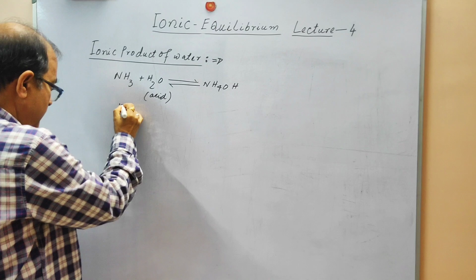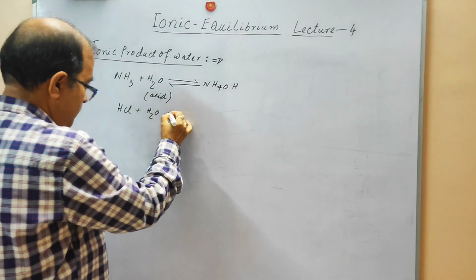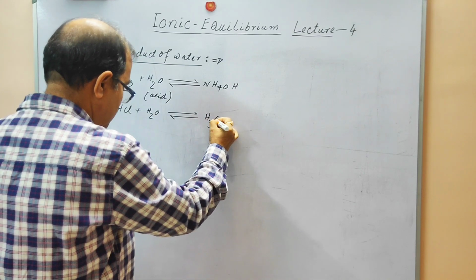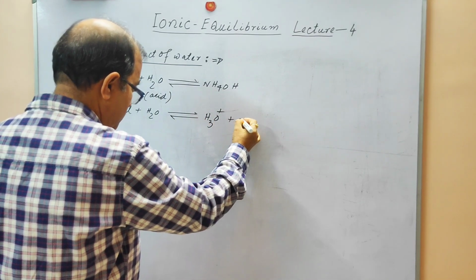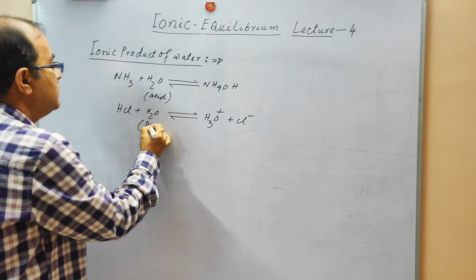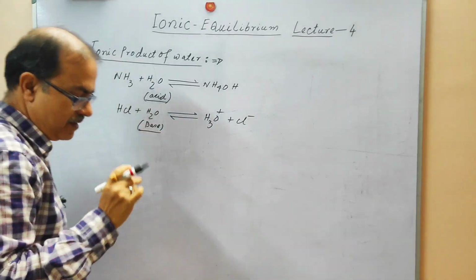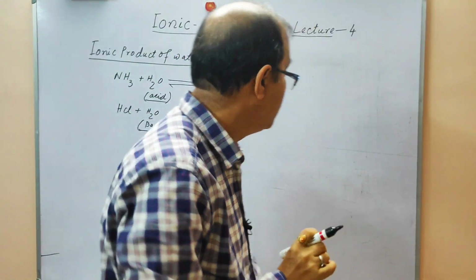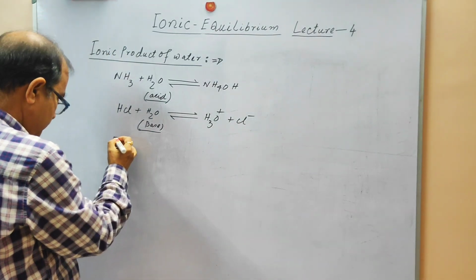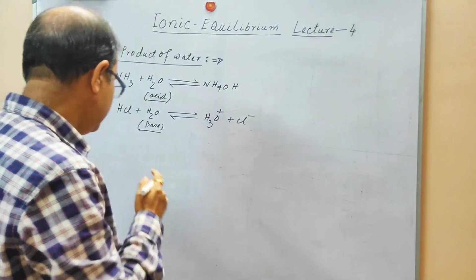When water reacts with HCl, it is going to produce the hydronium ion, and at that time water acts as a base. So water can be an acid or a base. When water self-ionizes, it means that it ionizes automatically.